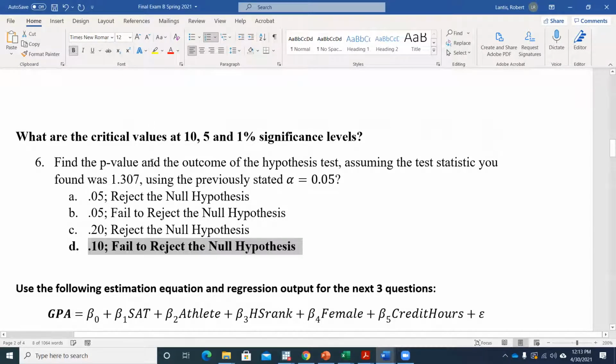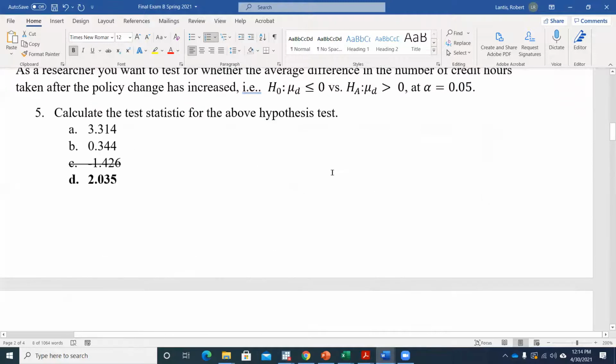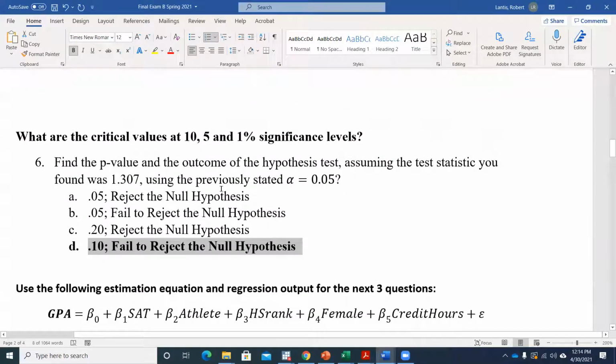Okay. Any questions on that one? What if this had been a two-tailed test? What's the only difference there? So let's instead assume a two-tailed hypothesis test, not using the hypothesis test above, but you still find the same test statistic. Then what would my p-value be?